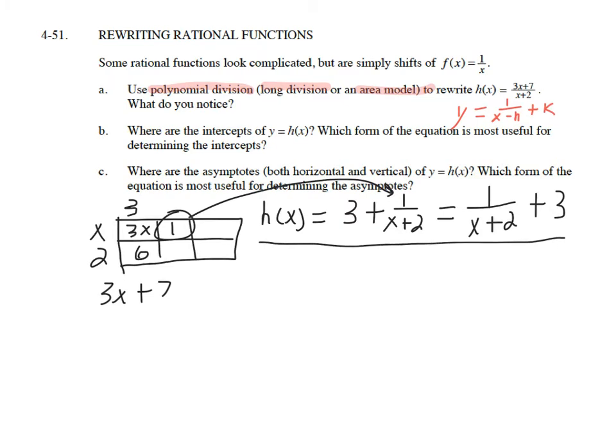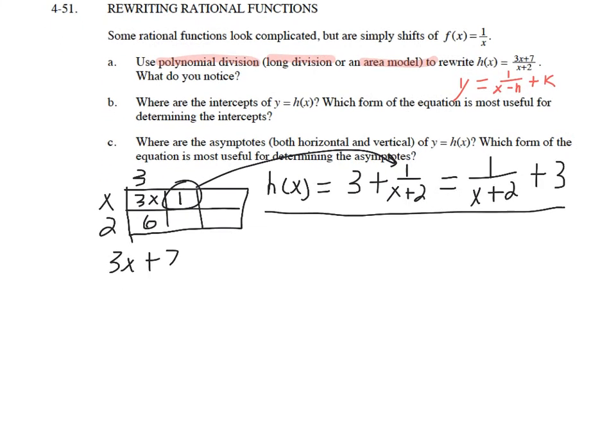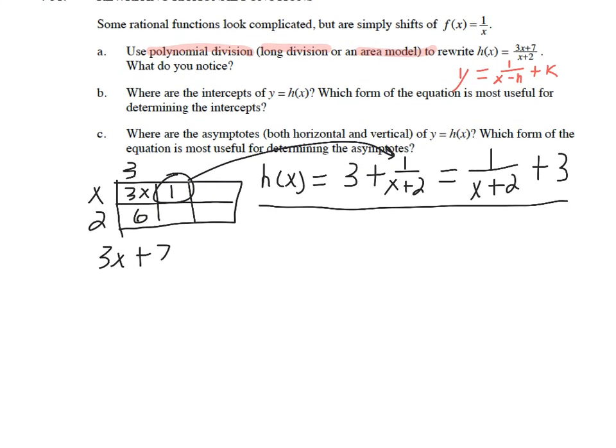So what are the x-intercepts and what are the asymptotes? Well, those x-intercepts occur when y is 0. So I want to find some x value when y is 0.